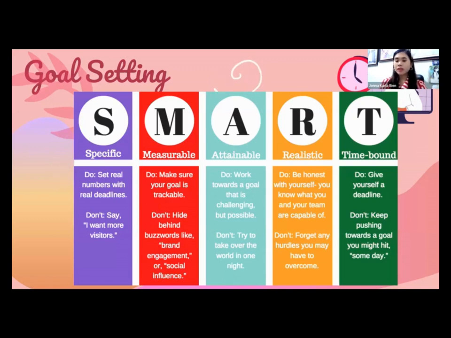Don't forget, do not include here, forget any hurdles you may have to overcome. Because, of course, speaking reality-wise, you have to be open to every possibility or every challenge that you will encounter along the way. Because we are just speaking about what is real, right?